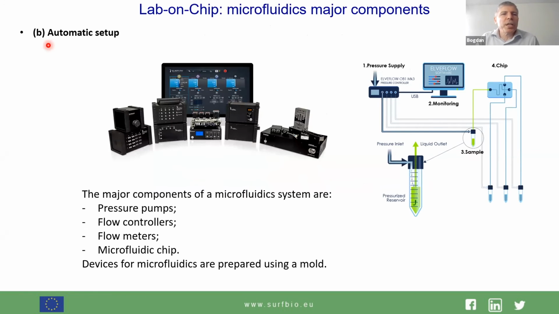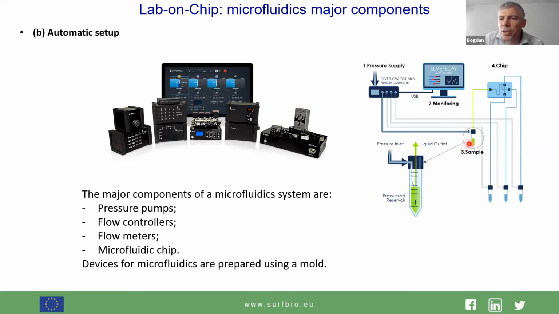But we also have an automatic setup. In an automatic setup, we speak not about syringes and syringe pumps, but there are a number of controllable pumps, and these controllable pumps are used to create a pressure difference. Again, here in the chip, different channels are connected to different vials with water.